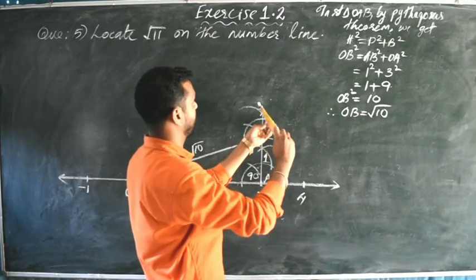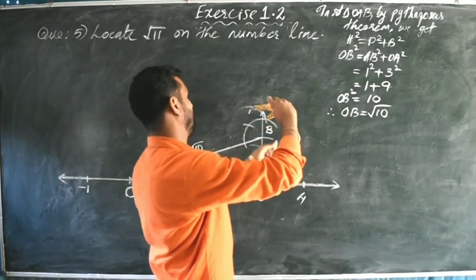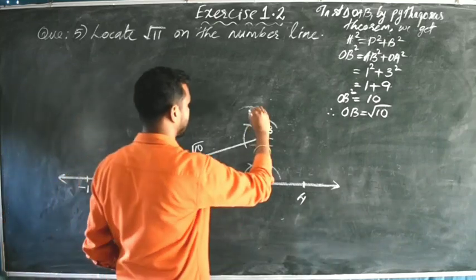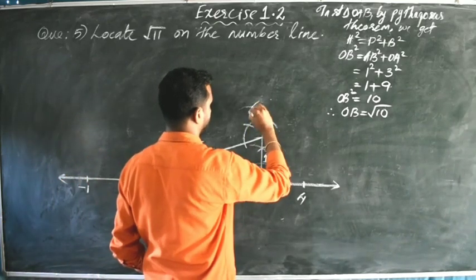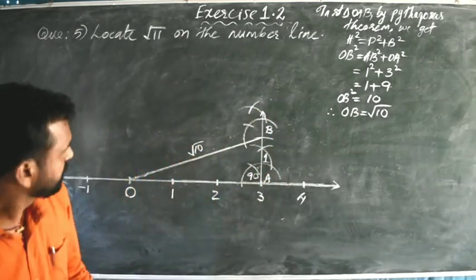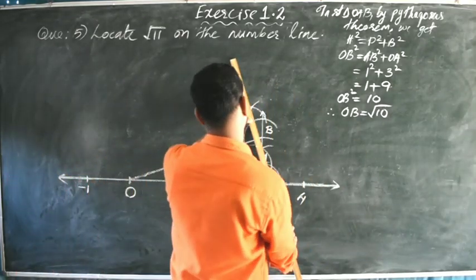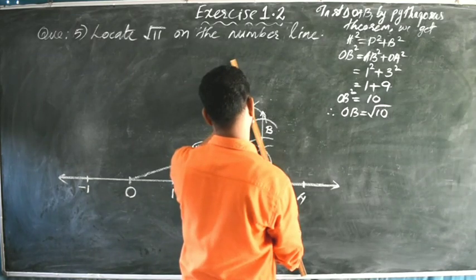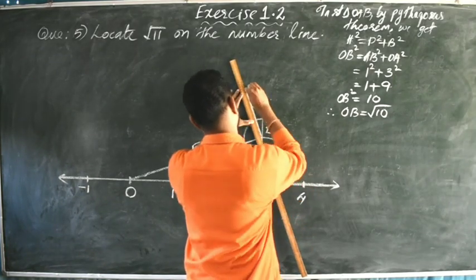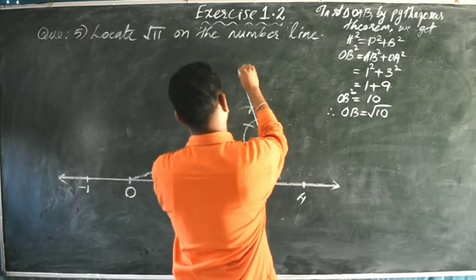Then with the center of this point, cut it. Then we will get the perpendicular. It will come here. Now join B and that point, and we will get the perpendicular to OB. Give an arrow mark there.